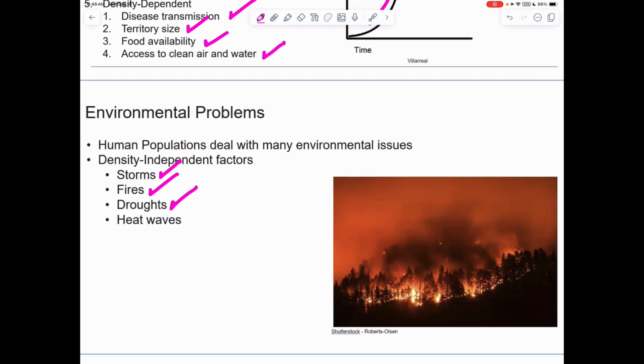Droughts lead to the inability to farm, and that lowers the amount of food that can be produced, causing, again, the human population to maybe have to move. And when we talked about this before, if I'm talking about one region and the human population moves out of that region, it is considered extinction. And then same with heat waves. Heat waves are causing a lot of people to start moving north or south away from the equator.